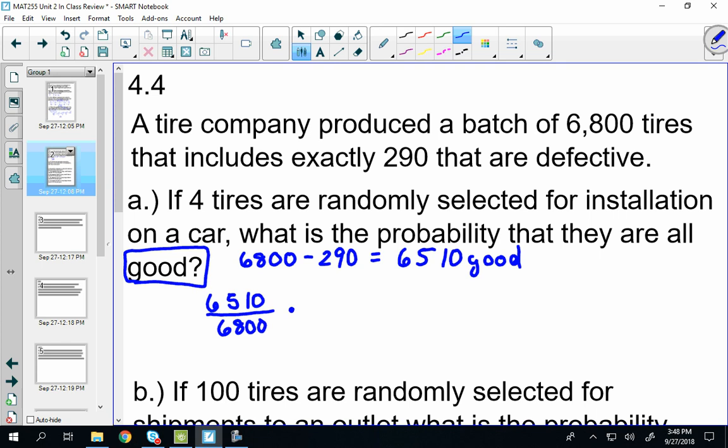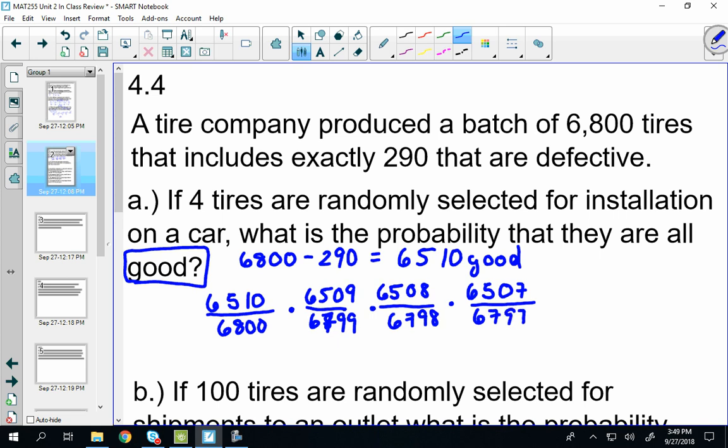But then for the second tire, they're not putting that one back in. So there's only 6,509 good tires left, and there's only 6,799 tires total. The same thing happens where my numerator needs to go down by 1 and my denominator needs to go down by 1 for my third tire, and then I repeat that process for my fourth tire because I'm not replacing the tires that I'm taking out.